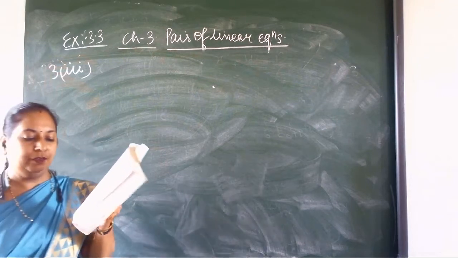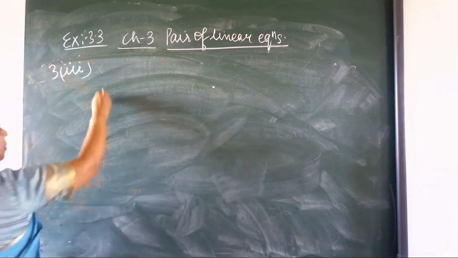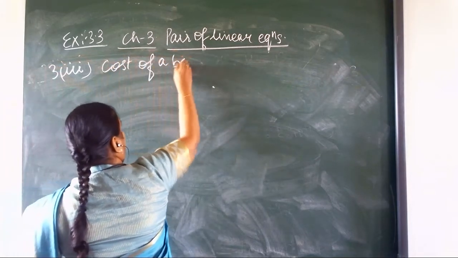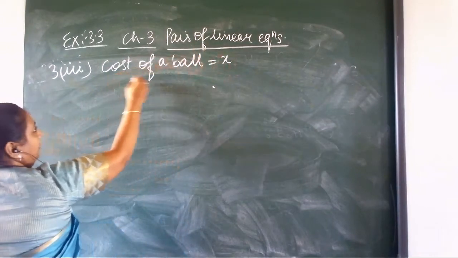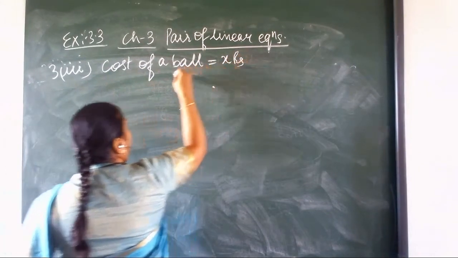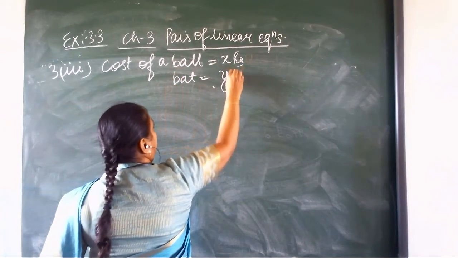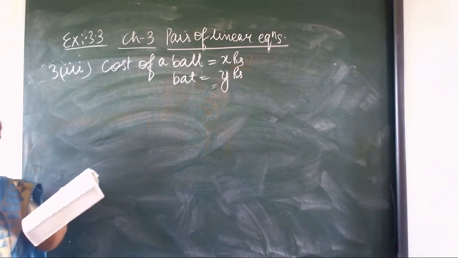Find the cost of each bat and each ball. Let the cost of a ball, or bat, whatever you want, be x rupees and the bat cost be y rupees. Clear? Now what is their equation?